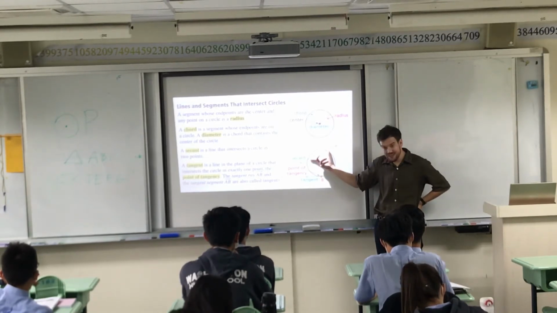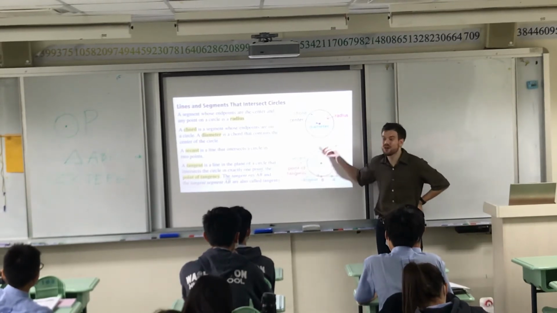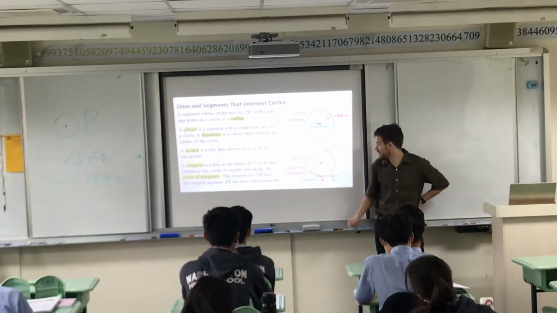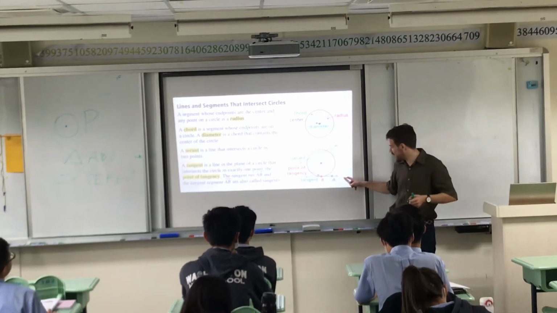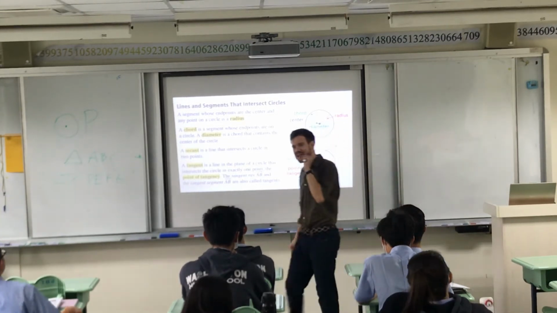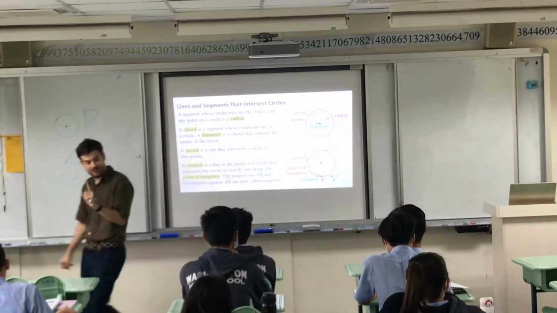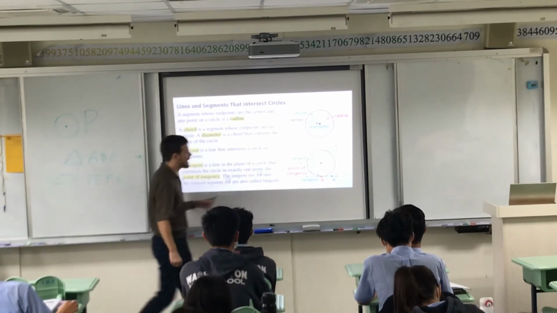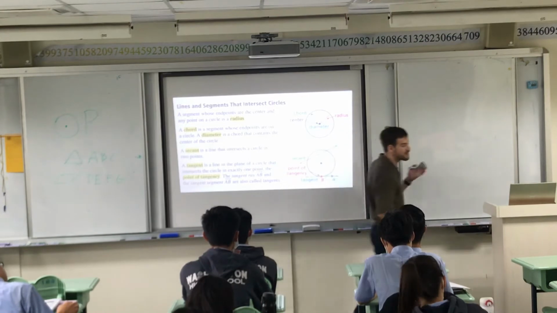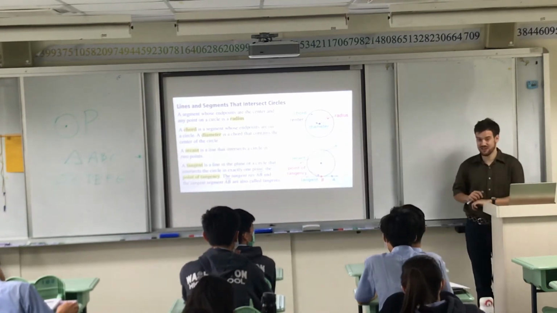A secant is a line that goes through forever. Then a line that goes forever but touches at exactly one spot is called a tangent line. And the point where it touches is called the point of tangency.